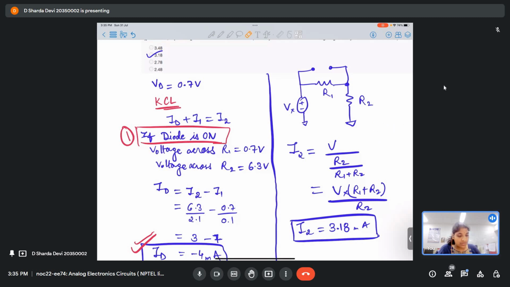Or you can understand it as you want the current I2. This is I1.